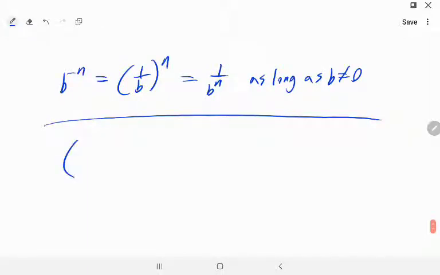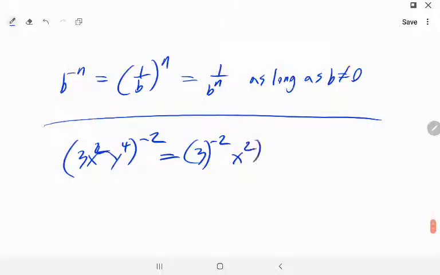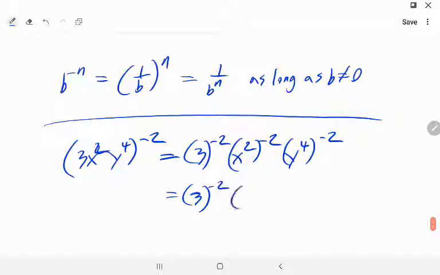if we had something like 3x squared y to the fourth, all to the negative 2, we know we can write that as 3 to the negative 2, x squared to the negative 2, y to the fourth to the negative 2, which gives us 3 to the negative 2 times x to the negative fourth times y to the negative eighth.